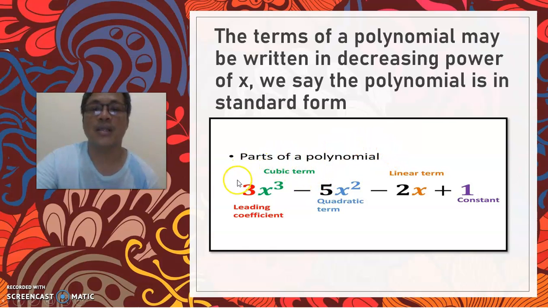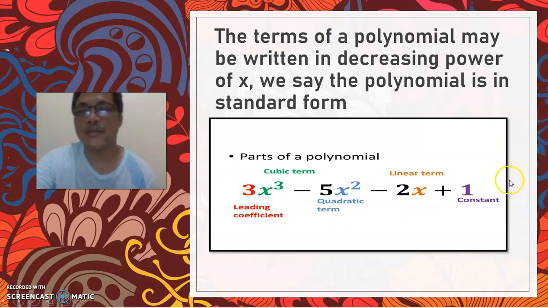For example, the given polynomial function is 3x to the third power minus 5x to the second power minus 2x plus 1. Based on the definition, the leading coefficient is 3 and the degree is 3, so it is called a cubic. And then the constant is 1.